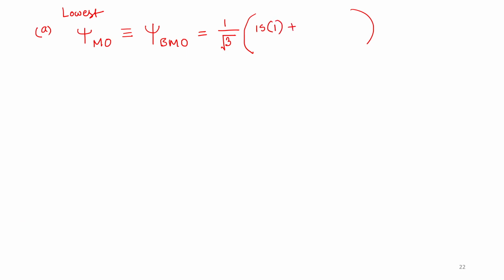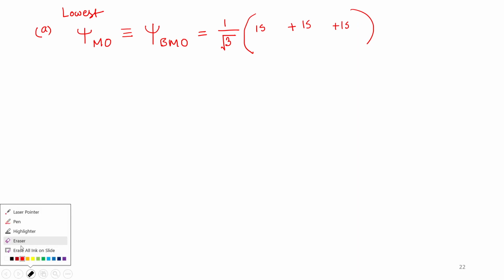But I am trying to say that you need to take the atomic orbital linear combination, and as this is the lowest, it should be all plus.